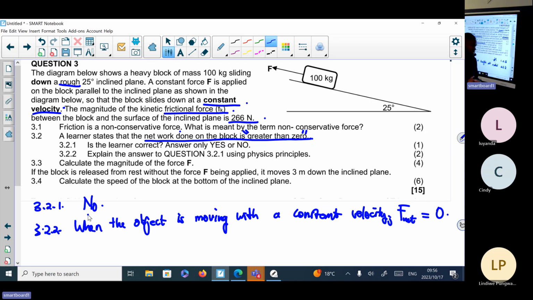That is the first thing that you say. Which physics principle states that? This is not just a statement floating around, it's a physics principle, and that is Newton's first law of motion. Newton's first law of motion speaks about an object that is either at rest or moving with a constant velocity. It says that when an object is moving with a constant velocity, then the net force on such an object will be 0.